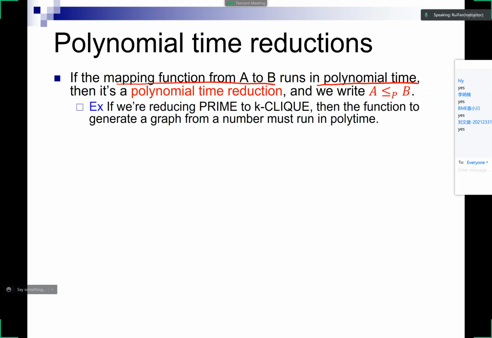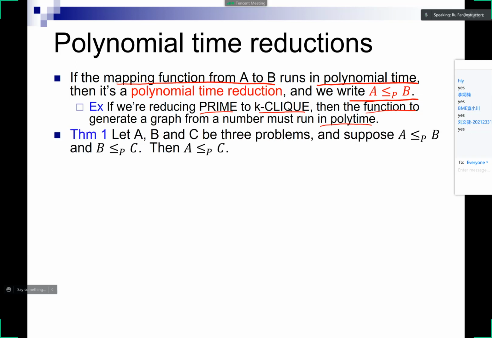If you can find a reduction which runs in polynomial time, then you write A is less than or equal to B, with a little p to indicate that the reduction is polynomial time. So for example, if you want a polynomial time reduction from prime to k-clique, then your mapping function has to actually run in polynomial time.